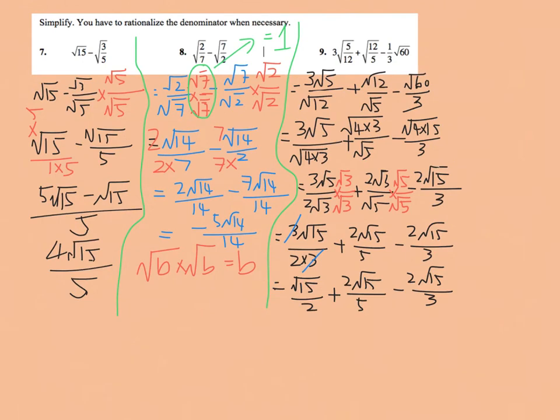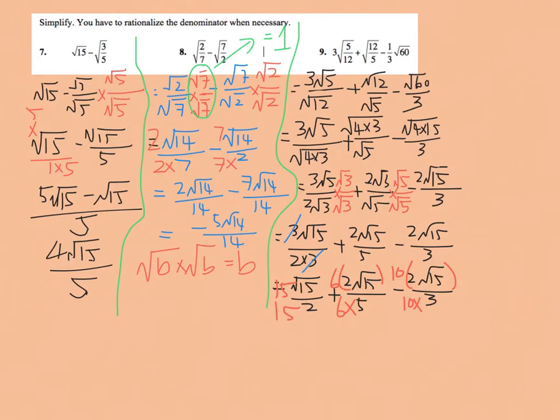Let's determine what is the lowest common denominator for 2, 5, and 3, or find the LCM for 2, 5, and 3. And the answer will be 30. So 2 will have to be multiplied by 15 to get 30. So you multiply both the numerator and denominator by 15. For the second term, to get 30, you need to multiply the numerator and denominator by 6. For the third term, you need to multiply both the numerator and denominator by 10.